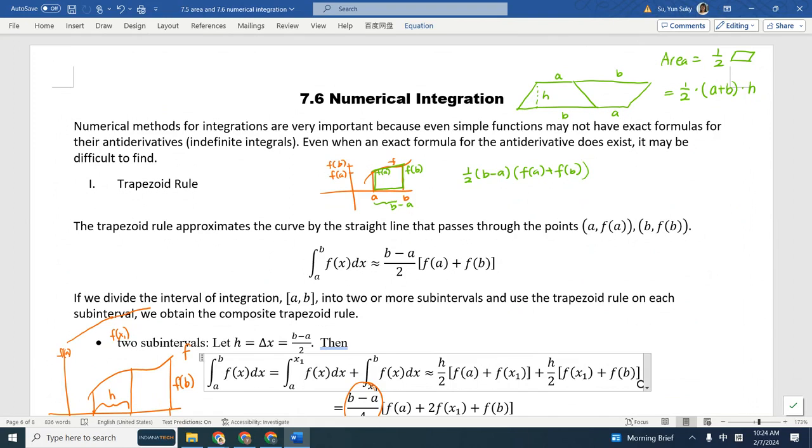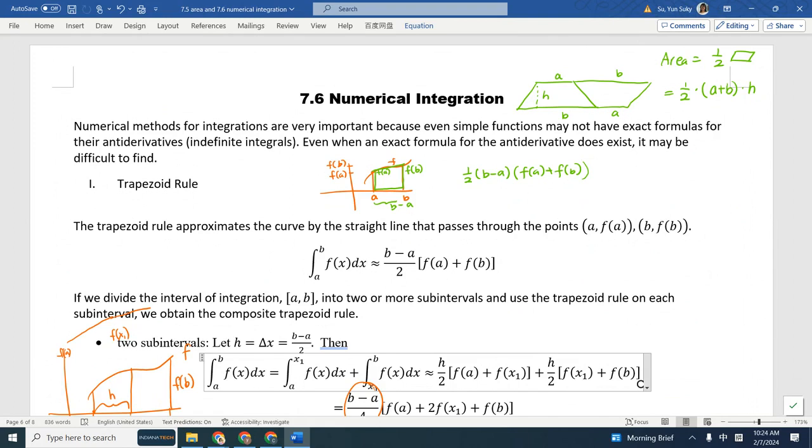Unlike derivatives, if I give you a function, you can always find the derivative. It might be a combination of product rule, quotient rule, or chain rule. It just takes time, but you can find it. But for antiderivatives or integrals, for most functions we're not able to find a nice formula. So that's why numerical integration is so important.